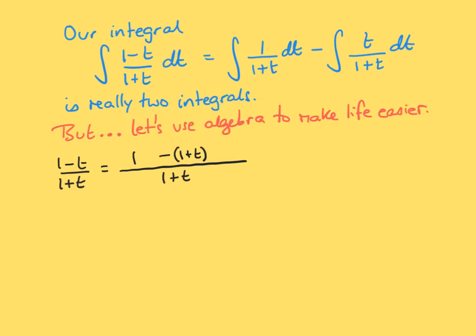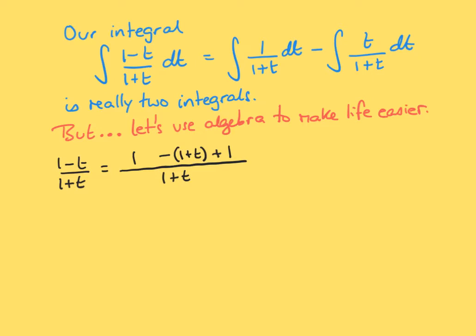The minus 1 is new, so what I have to do is cancel it by adding another 1. So everything that I have done here is I have added 0. I have taken minus 1 from the numerator of the integrand, and I've added 1 to the numerator of the integrand.